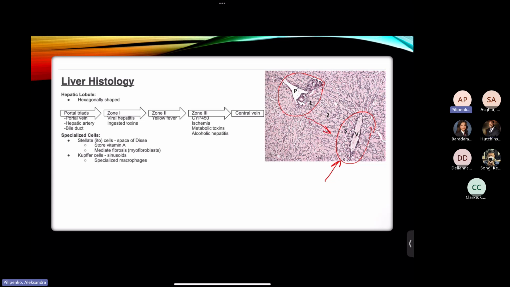And if, for example, some pathological process would happen that would require increased oxygen consumption, zone 3 would be the first zone that undergoes like injury adaptations or like ischemia.